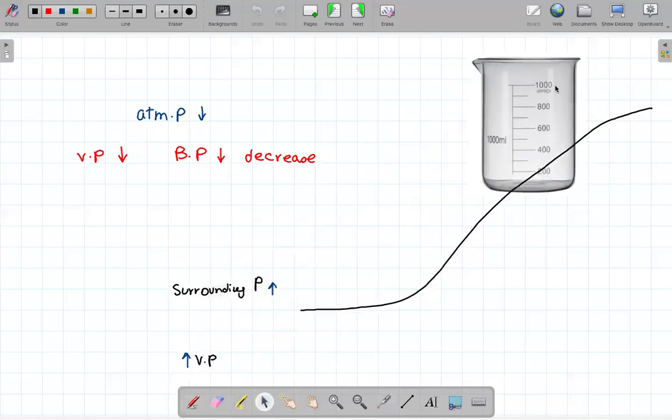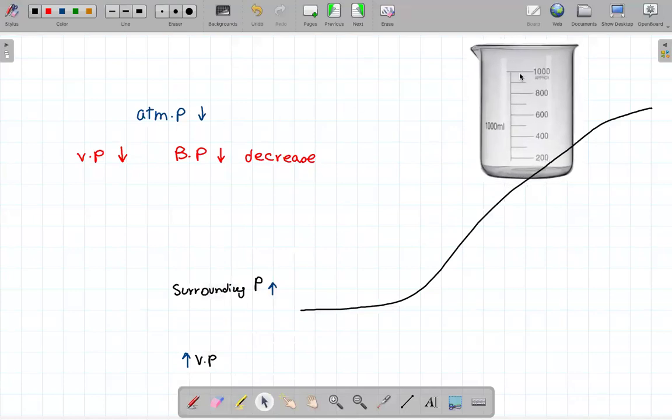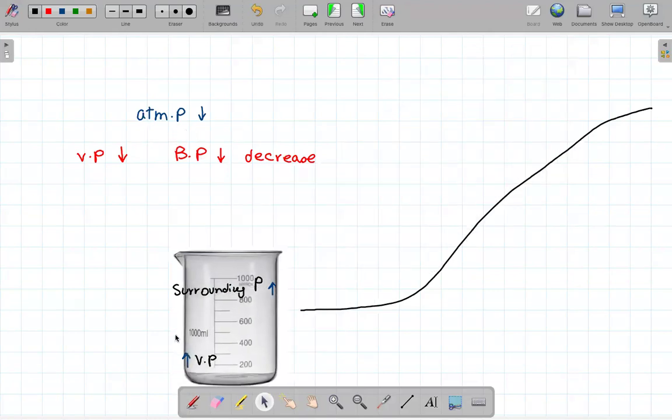Why is that? Because at the top, the vapor pressure is the same while the atmospheric pressure has decreased. This causes the boiling point to decrease. While if you go down, since the atmospheric pressure has increased and the vapor pressure is the same, this causes the boiling point to increase.